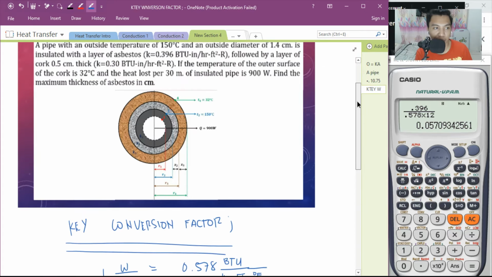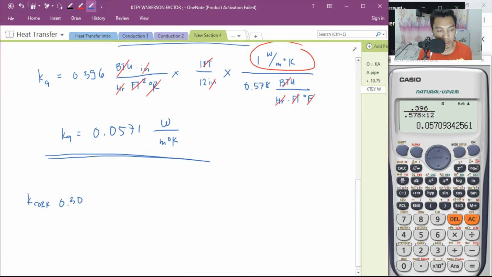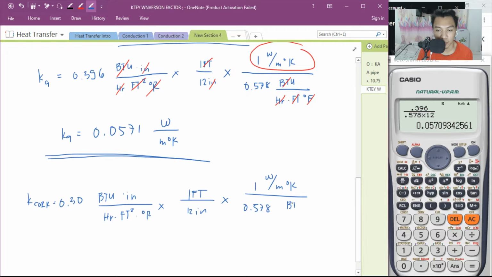Yung kay cork, 0.30 BTU inch per hour feet squared degree Rankine times 1 foot per 12 inch times 1 watt per meter degree Kelvin over 0.578 BTU per hour feet degrees Fahrenheit.